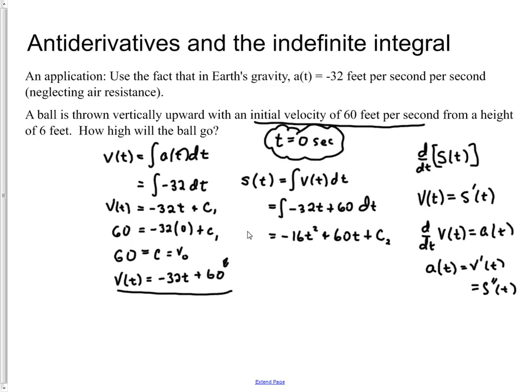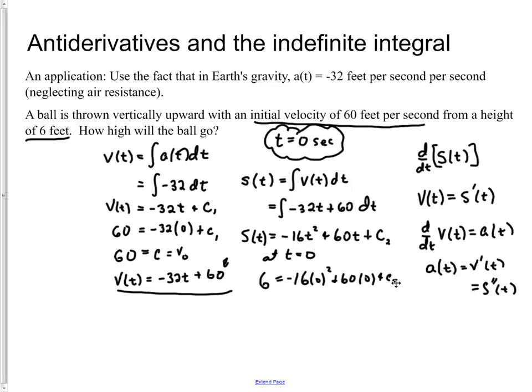So there's our function for our position, but there's a little bit more here because we're told that initially the ball is being thrown upward from a height of 6 feet, which means that at time t equals 0, our initial condition tells us that 6 feet will be the product of negative 16 times 0 squared plus 60 times 0 plus our constant.